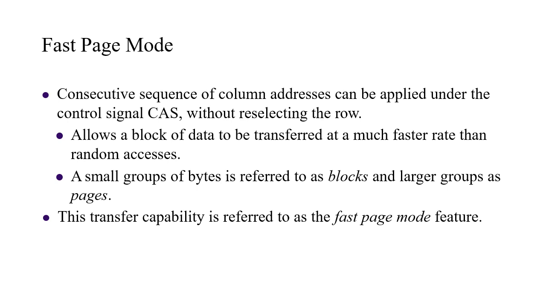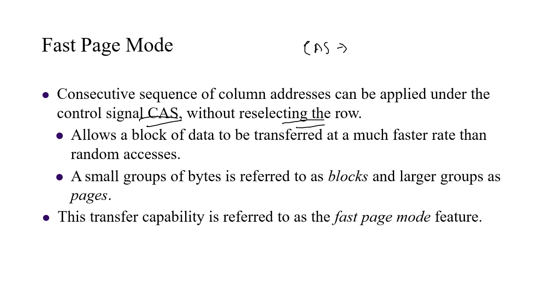Here the consecutive sequence of column addresses can be applied under the control signal CAS. CAS will latch the column address, and the continuous address will be sent to the column decoder without even reselecting the row.